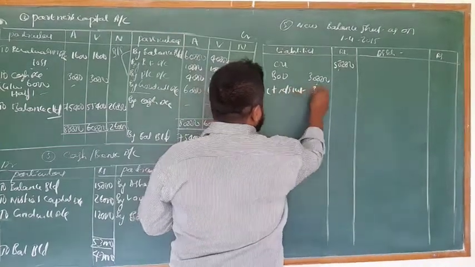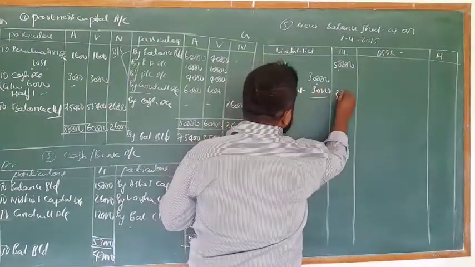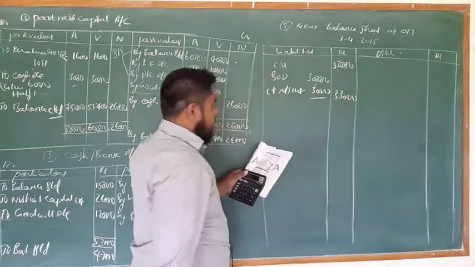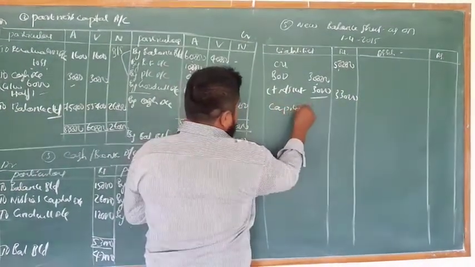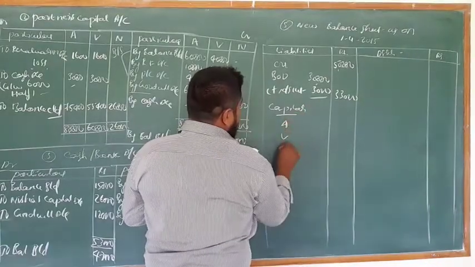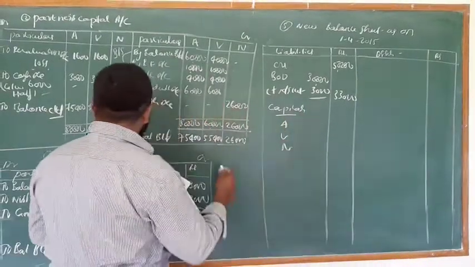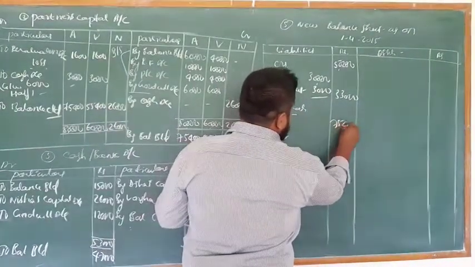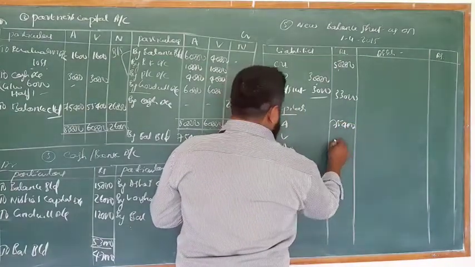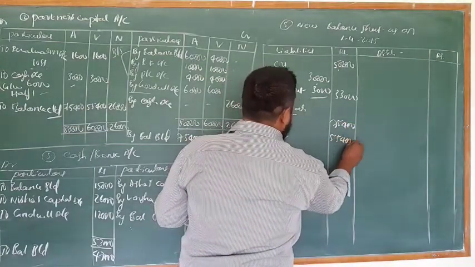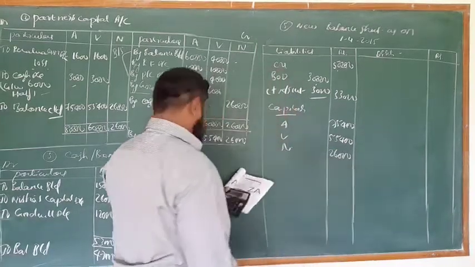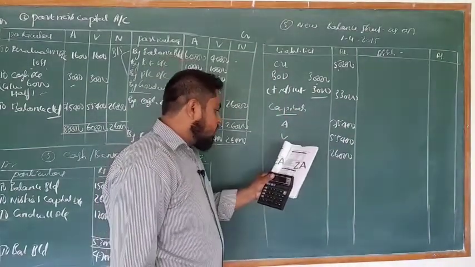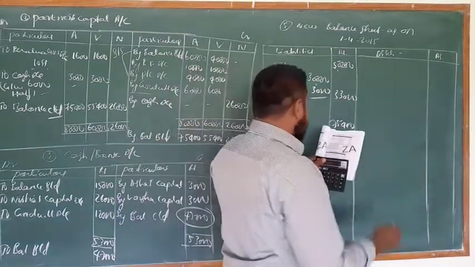So outstanding interest is 3,000, making 33,000. Next, capitals: Asha, Varsha and Nisha. So capitals 75,400, 55,400 and next 26,000. So the liabilities are revised. Now come to the asset side.